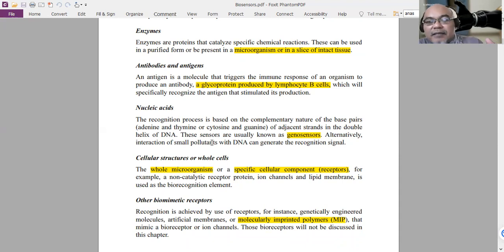So this structure, as I mentioned with aptamer, for example, can bind to specific molecules, either non-organic molecules like metals, ions, for example, or organic molecules. Yeah. So then they can bind and generate a recognition signal in the form of mass change or perhaps transfer of charge, something like that.